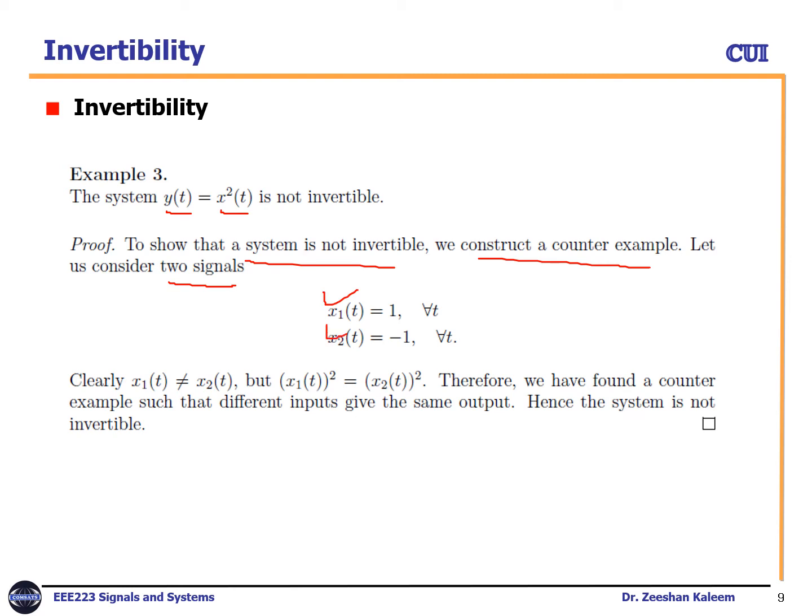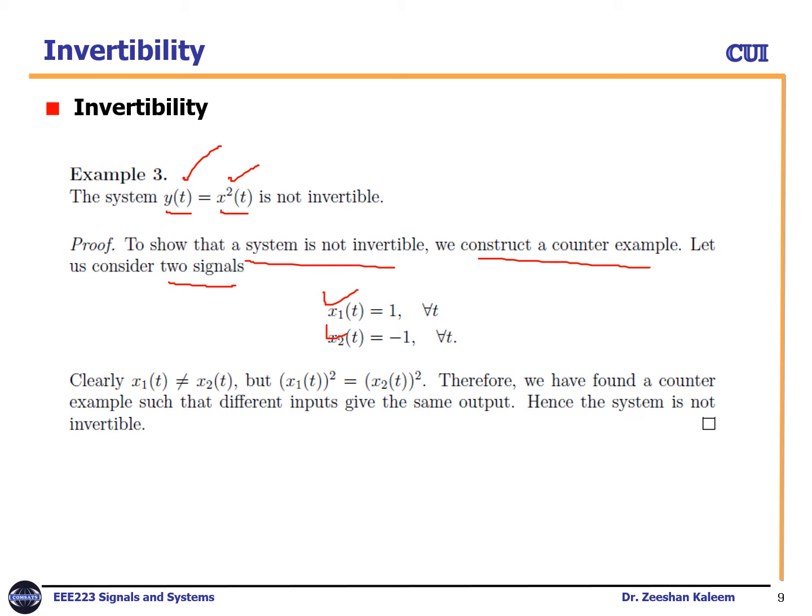By definition, we already discussed that if we input two different signals to this system and the output is the same, then the system is not invertible. But if we input two different input signals and get two different output signals, then the system is invertible. So let's check that.